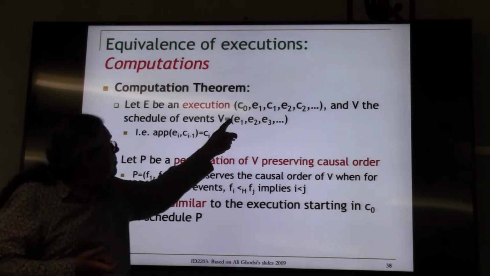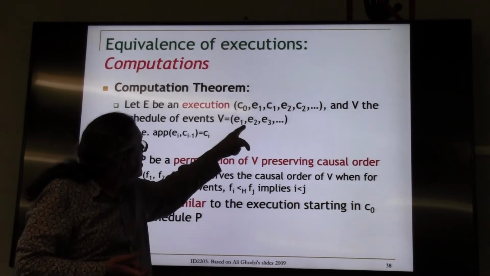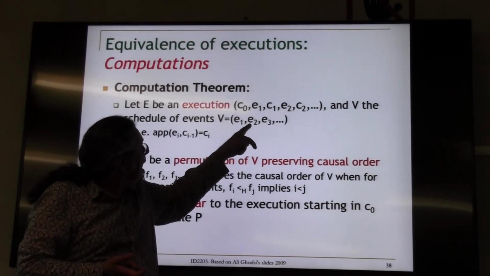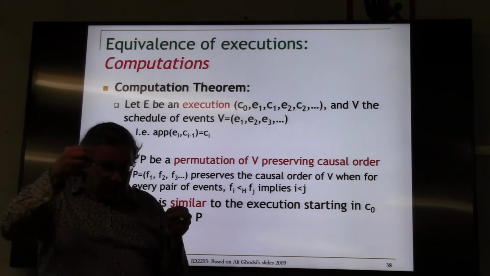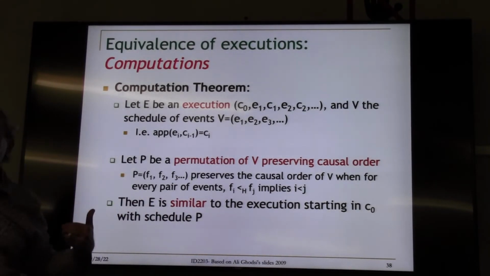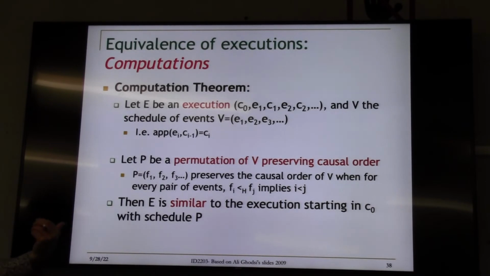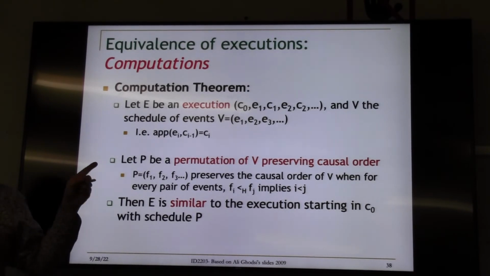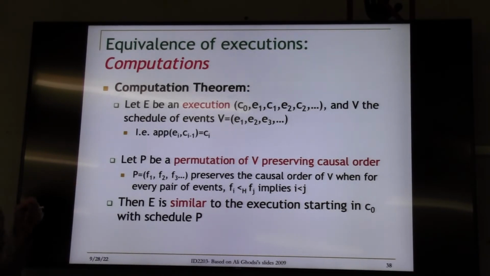So this has some causal order. And in V, if Ei happens before Ej, Ei has to be before Ej. I cannot travel backwards in time. If you look at the definition of causal order, you will see that happens-before is only possible if the event is really before the other one.